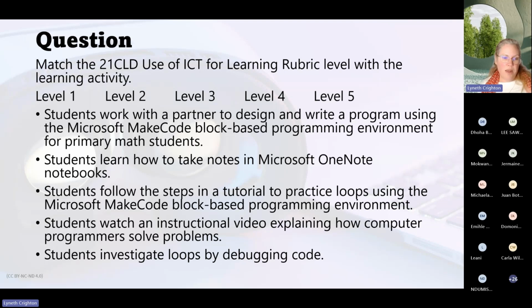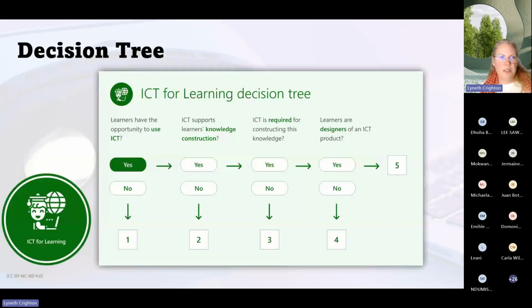The last one, where they investigate loops by debugging code, there is no product, but yes, in order to debug somebody else's code, you have to use ICT. It is knowledge construction because you have to work out what's wrong with the code, and you wouldn't have achieved it without the ICT. So that is what the decision tree looks like for that learning rubric.